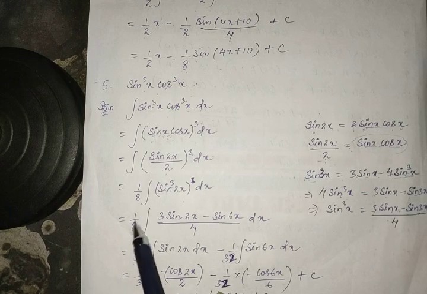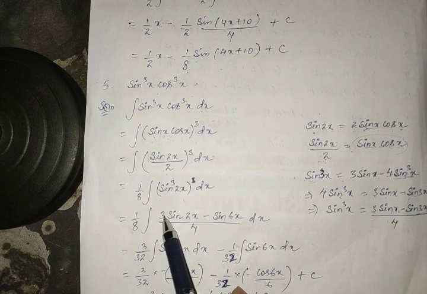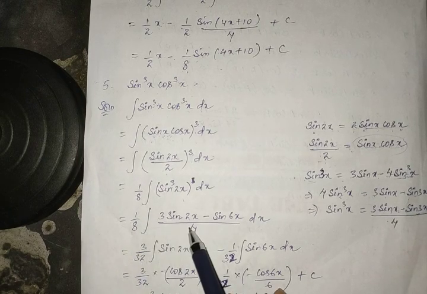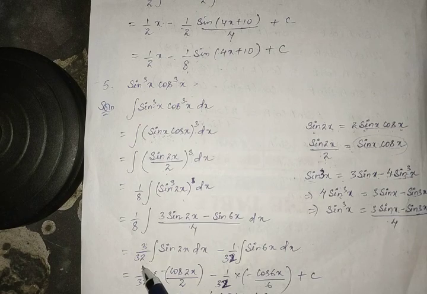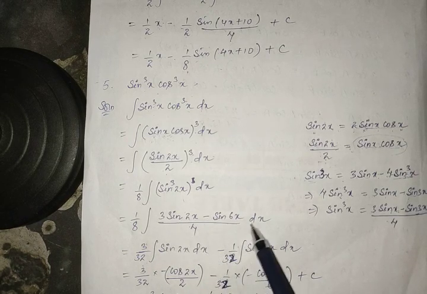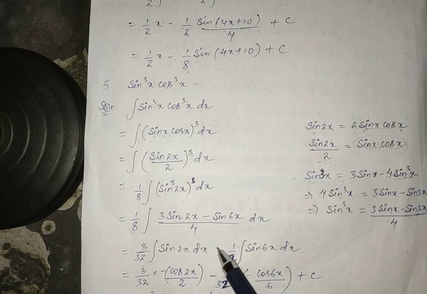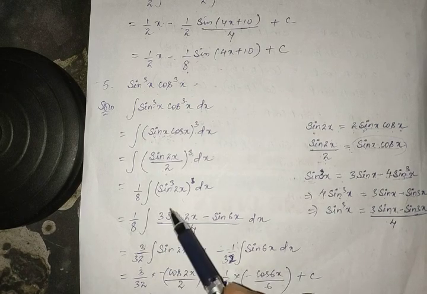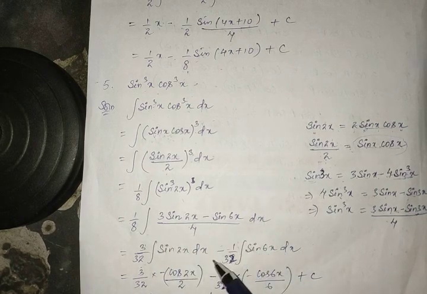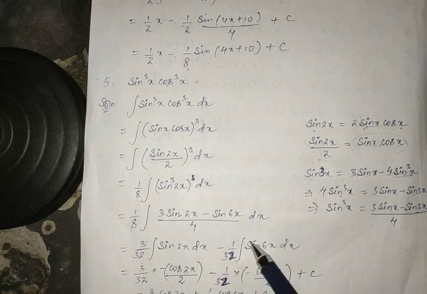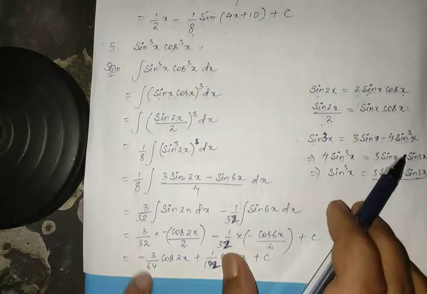Then we have 3 by, this 3 is constant, you can take it outside, and 8 into 4 is 32, so it will be 3 by 32, and integration of sine 2x dx, and we are separating the integration also, minus 1 by 32, because 8 fours are 32 and this 1 by is multiplied to both, integration of sine 6x dx.